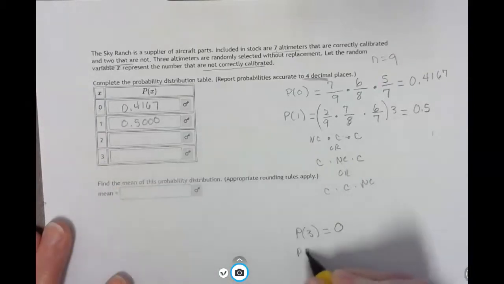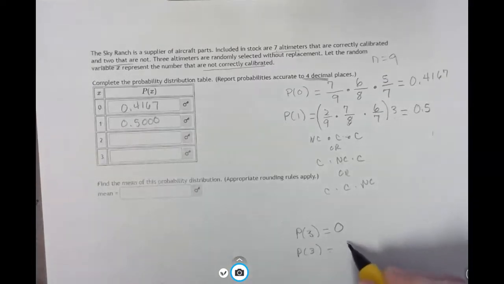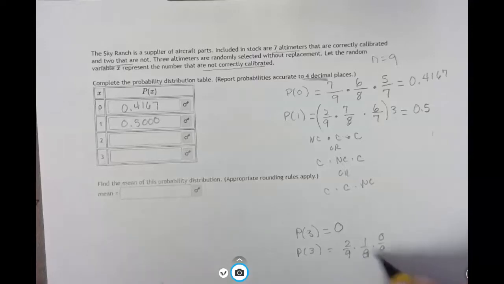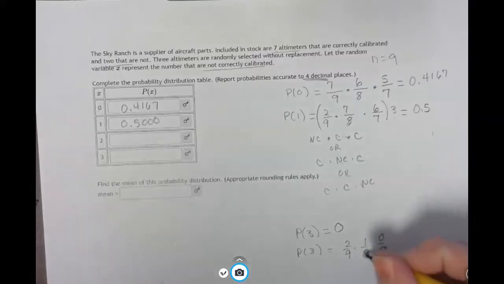Now, I can work that out a little bit if you want to see exactly. Again, the first draw, you got 2 out of 9. Second draw, you have 1 out of 9. Well, the third draw, well, there's none left. 0 out of 8. We left it out. 0 out of 7. So it really doesn't matter because 0 times these is going to be 0 over whatever this is.